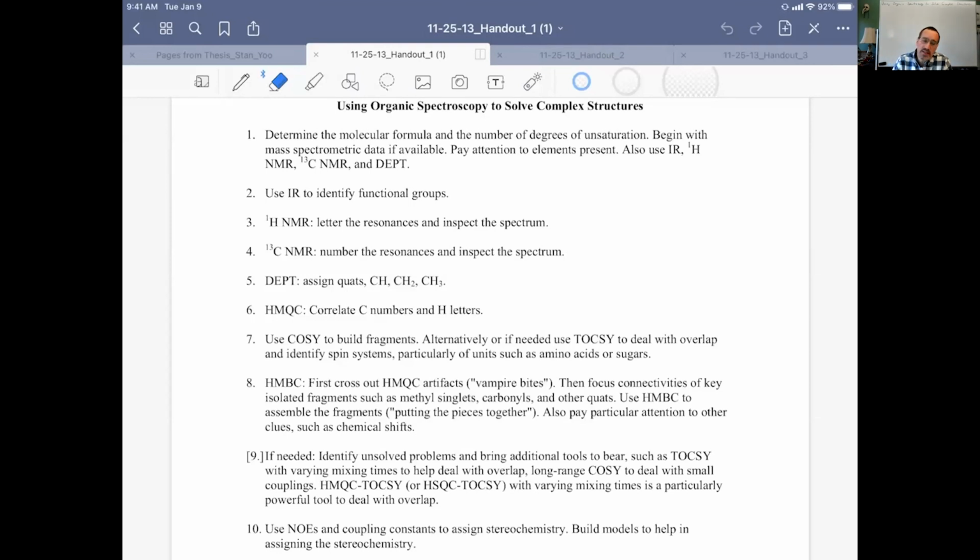Now, HMBC is incredibly important for putting the pieces together. In one of the problems that we're not talking about in today's class, most of the skeleton in this monoterpene, 10-carbon molecule, can be gotten from the HMBC.